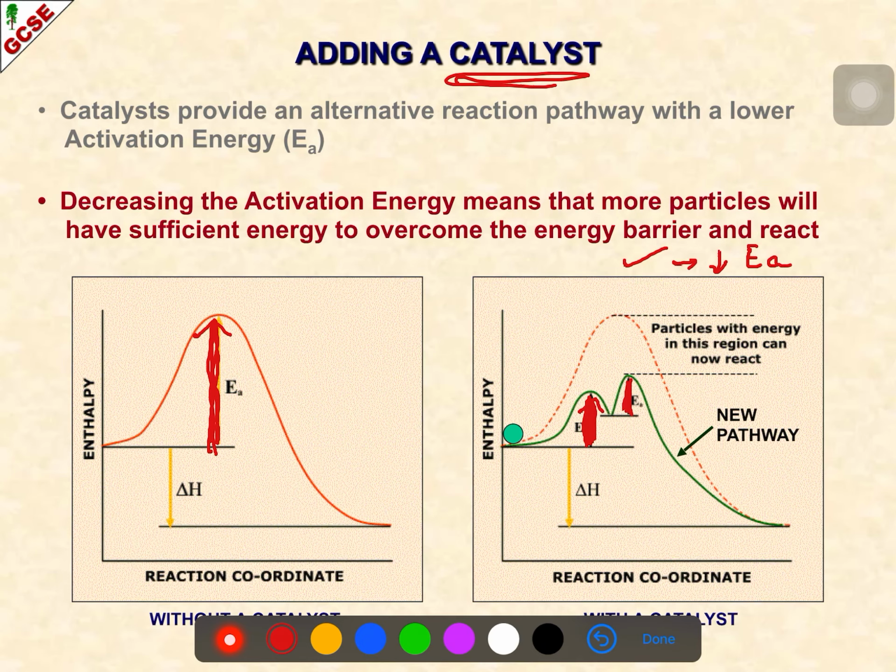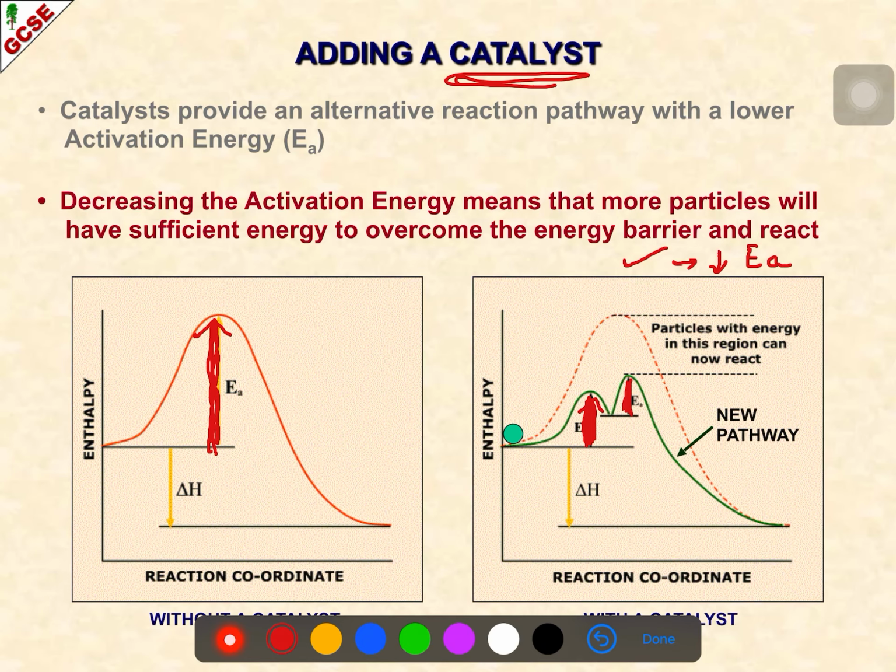When you add a catalyst to a reaction, what does the catalyst do? What the catalyst will do is find a different pathway. Okay? They find a different pathway, and that pathway leads to the same end, and that pathway has a lower activation energy.